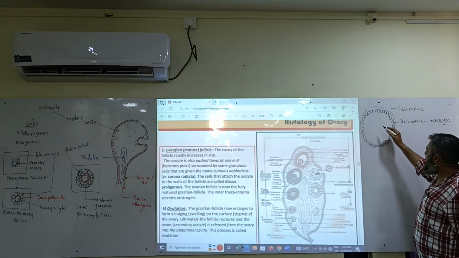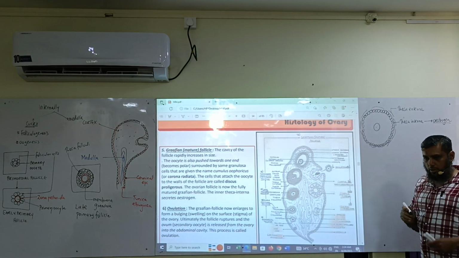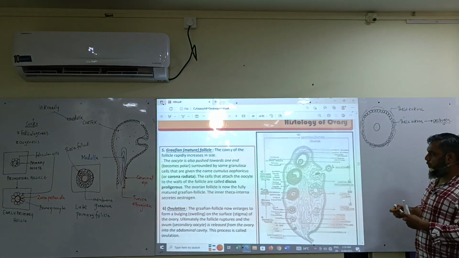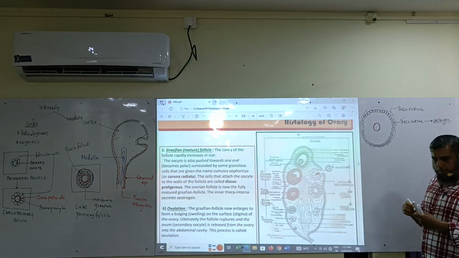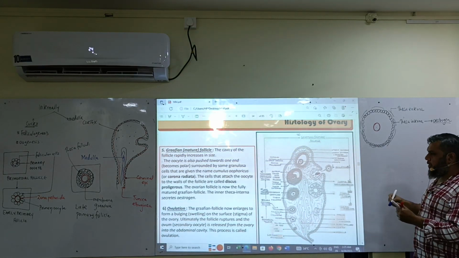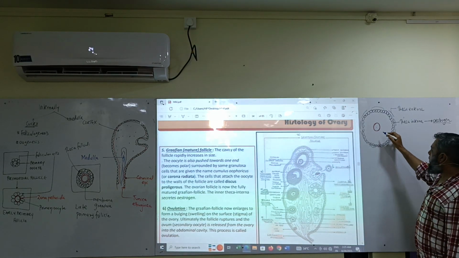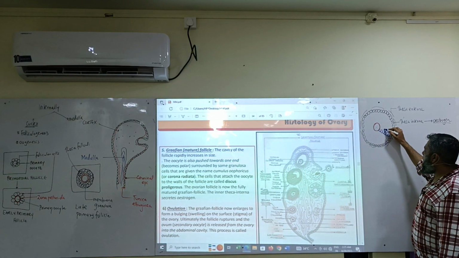And this is the primary oocyte, followed by whom? Zona pellucida, and it is surrounded by cells of the membrana granulosa. Which cells?